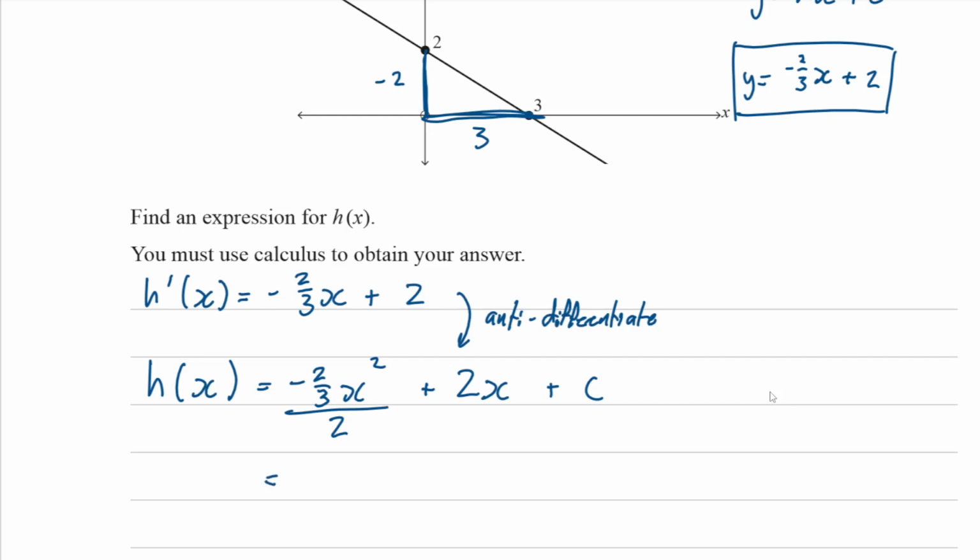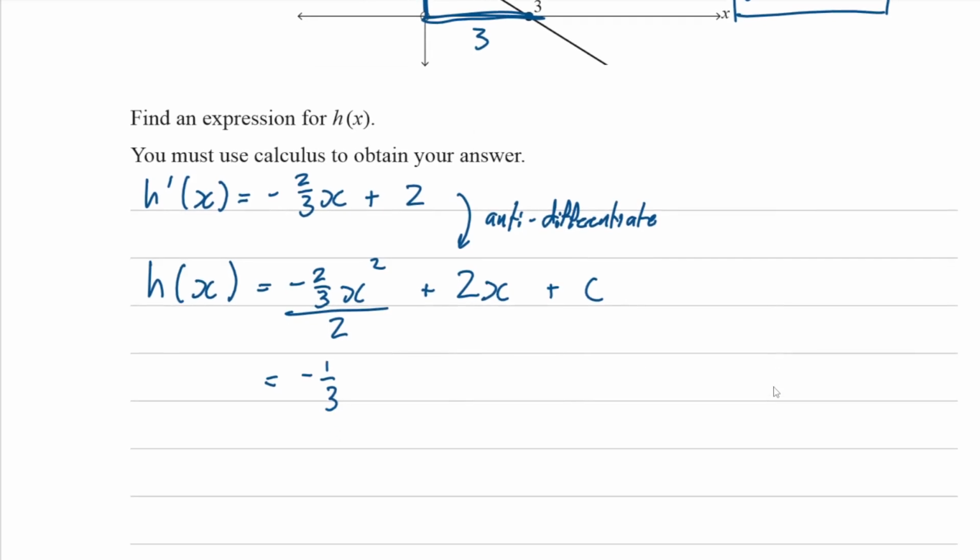Okay, so just simplifying that a bit, negative 2 over 3 divided by 2 is the same as negative 1/3. I'm just showing you where that comes from. When we have a fraction divided by a number, for example 2, it's the same as divided by 2 over 1.